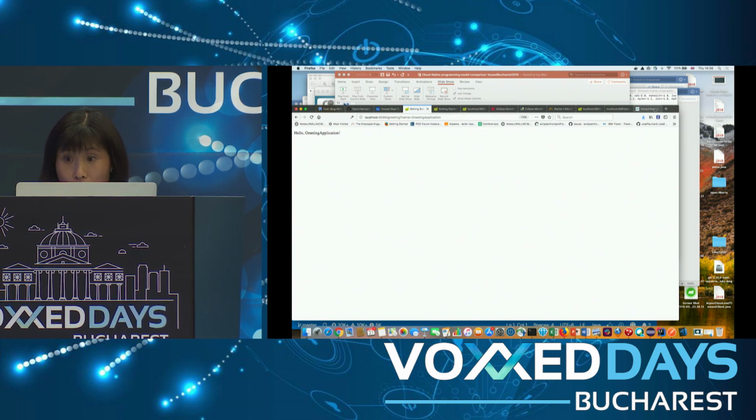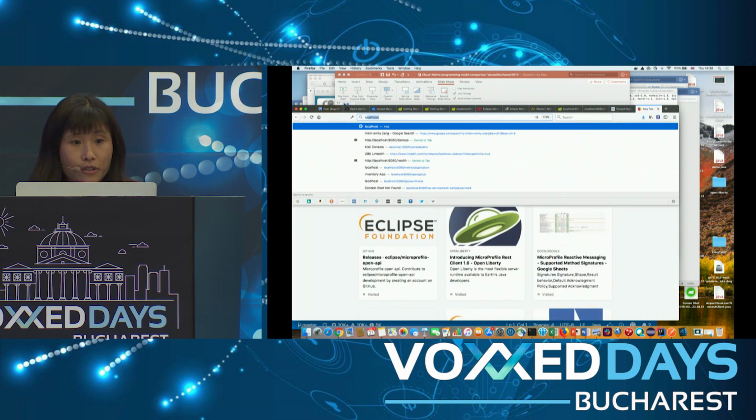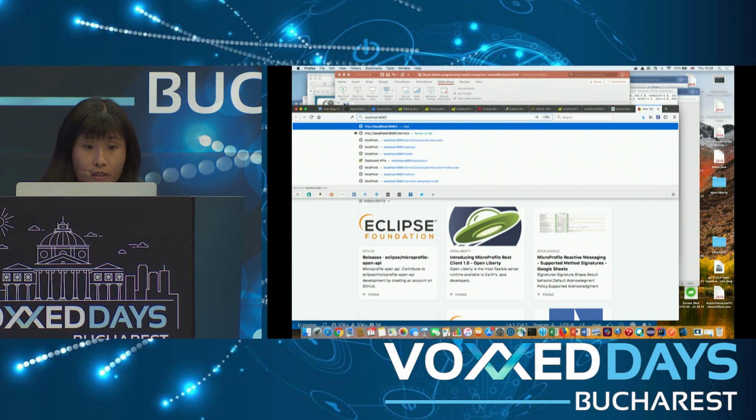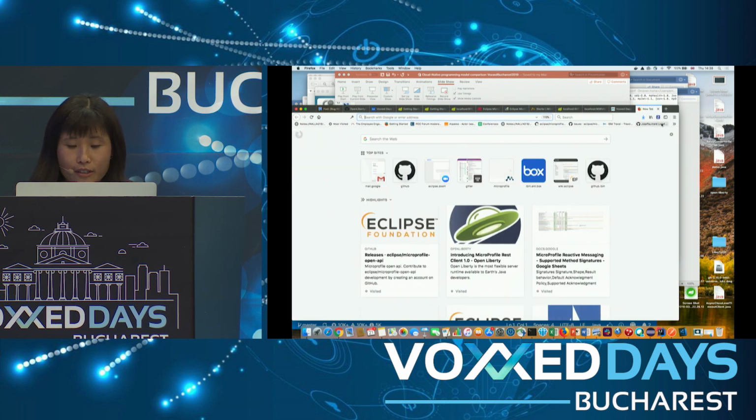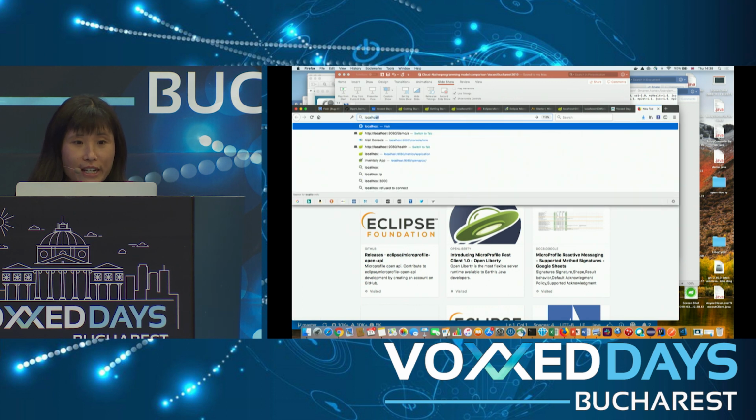I can go to localhost, and as you can see, it can directly do the hello, right? Now I want to see what's in this service. What kind of functionality does this service offer me?